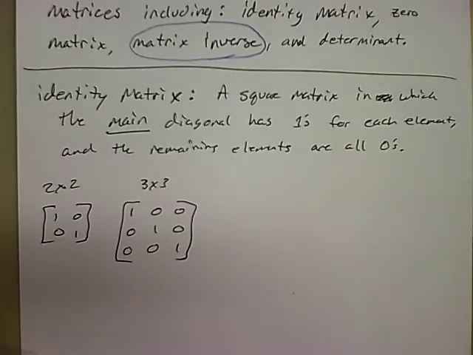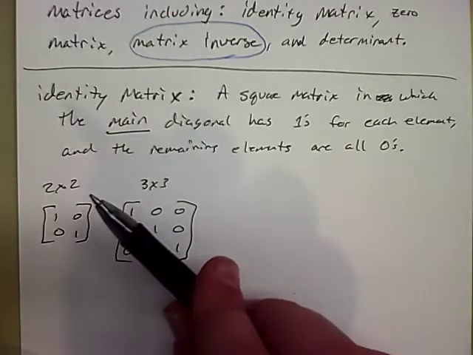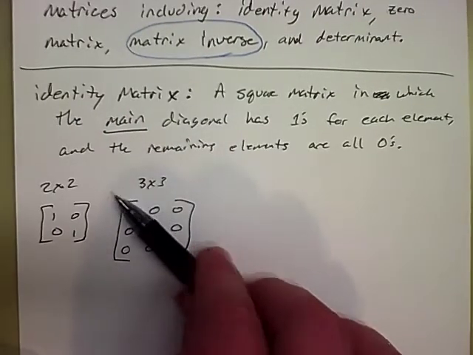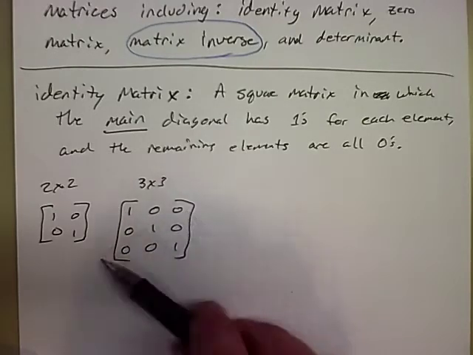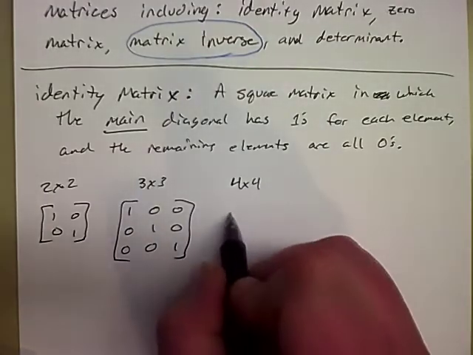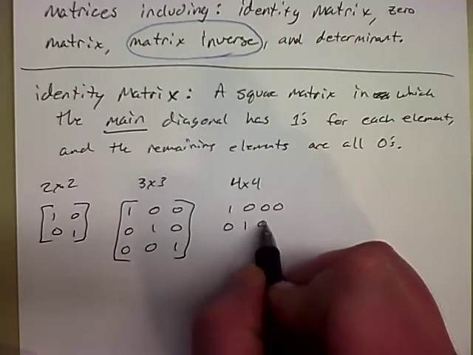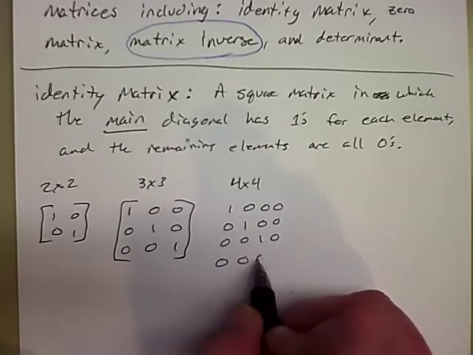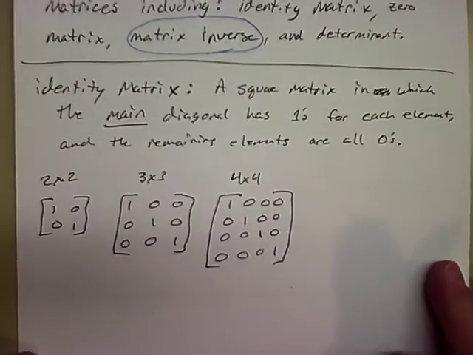There's going to be a diagonal where the ones go from the top left to the bottom right, and those are all ones. Everywhere else is going to be zeros. So a 4 by 4 is going to be 1, 0, 0, 0, 0, 1, 0, 0, 0, 0, 1, 0, 0, 0, 0, 1. That's a 4 by 4.